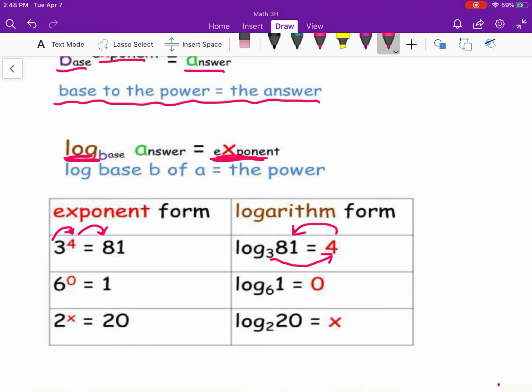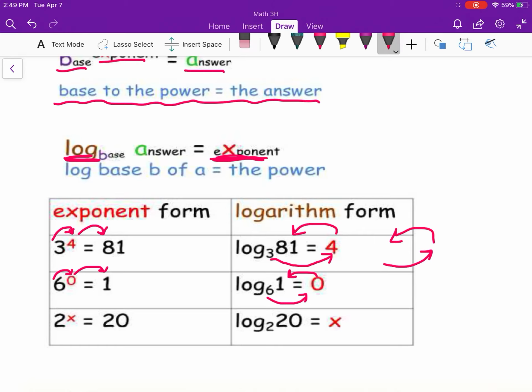See how it goes circular? Look at the next one. 6 to the 0 is 1. We know anything to the 0 is 1. Well, look, here we have log base 6 of 1 equals 0. It goes in this circular format for logarithms.